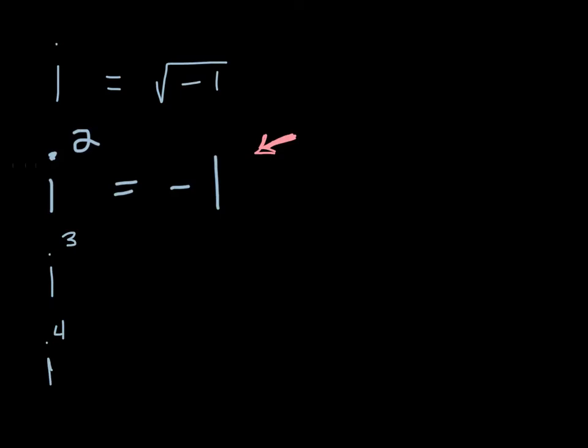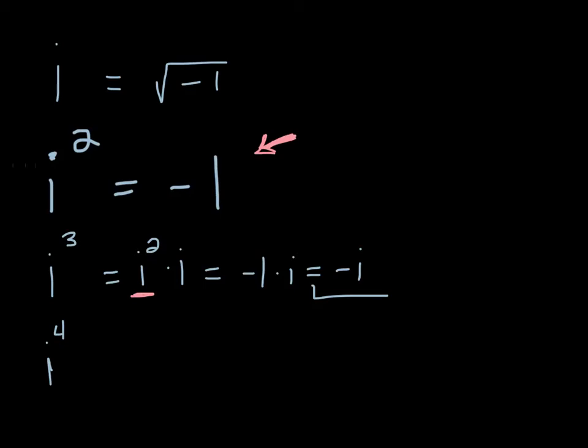If you're talking about i cubed, you would rewrite i cubed as i squared times i. But we know that i squared is negative 1, so we can simplify this as negative 1 times i, which is another way of writing negative i.